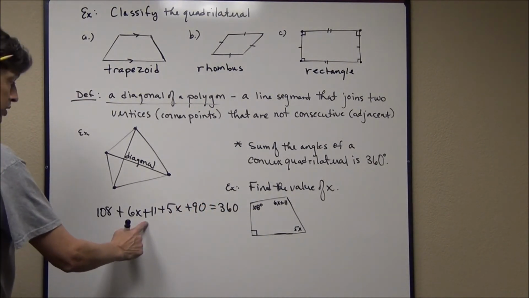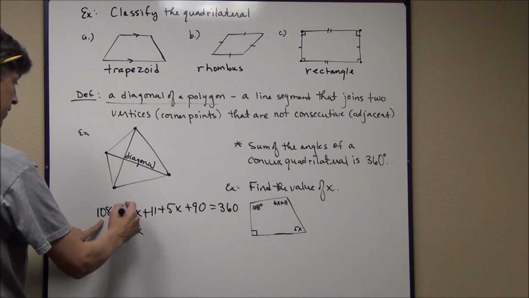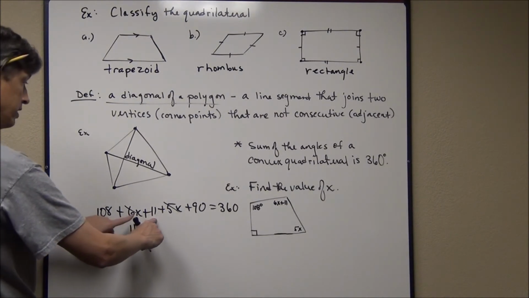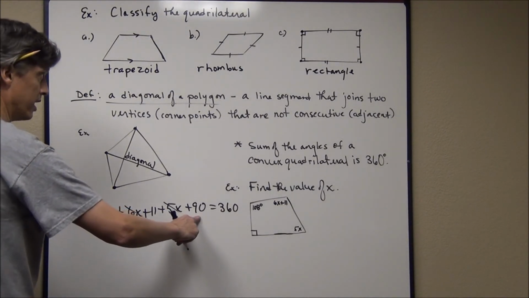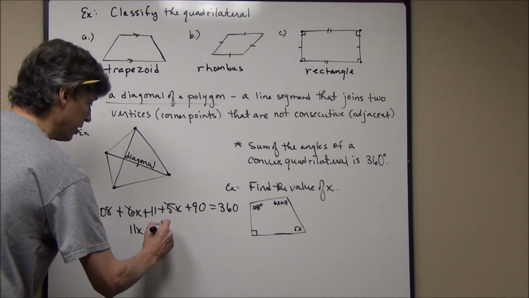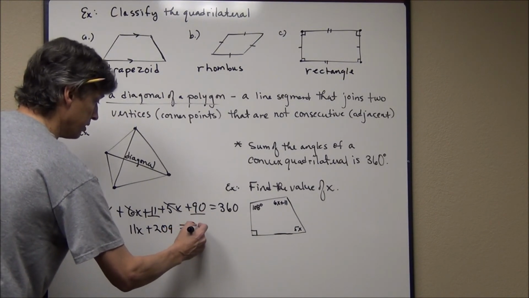I'm going to combine like terms. I have 11x, and 108 plus 11, that's 119. 119 and 90, that's 209, plus 209 when I combine my like terms here, and that equals 360.